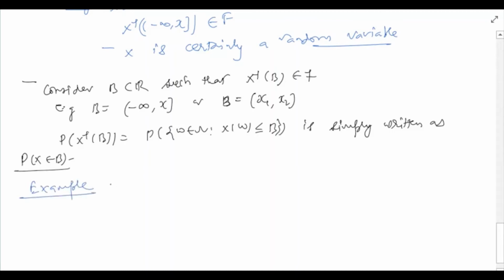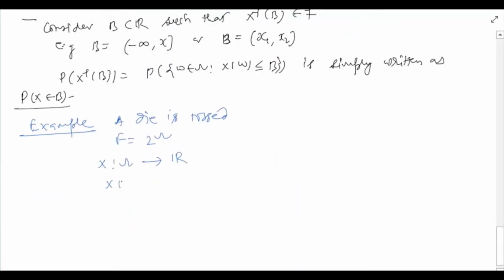Let us again consider the example of a die being tossed and the event space to be the power set of the sample space. As in the first example, we consider a function from omega to R defined as X of omega equal to ceiling of omega by 2 for all omega in capital Omega.